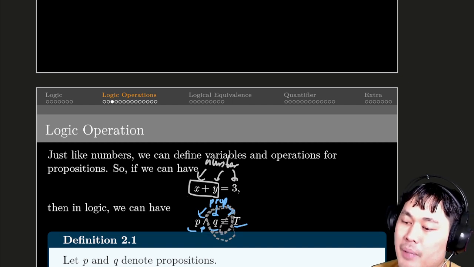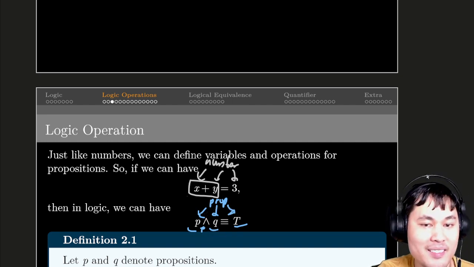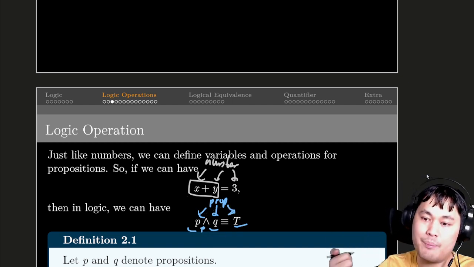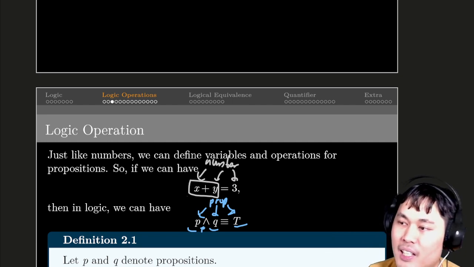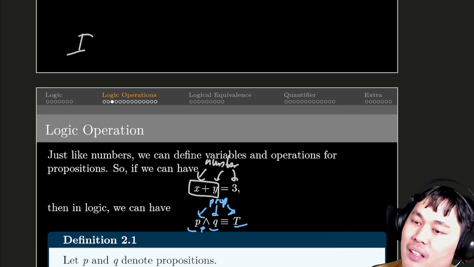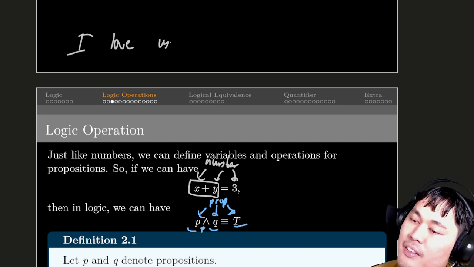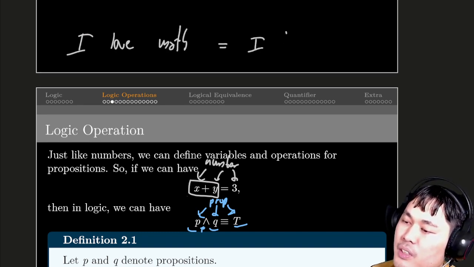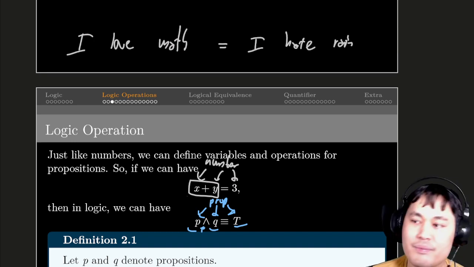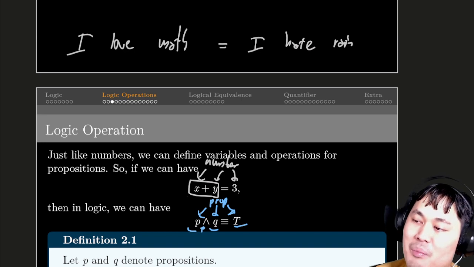But in logic, we don't use the equal sign because they are not the same. They just happen to have the same truth value. Like for instance, let's say I love math equals I hate rain.